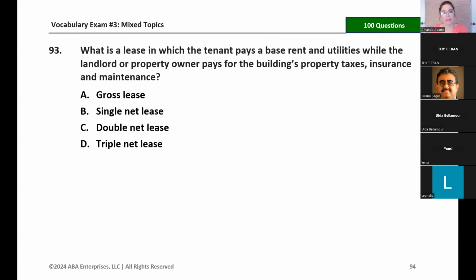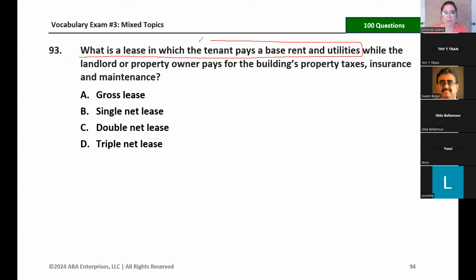93, what is a lease in which the tenant pays a base rent and utilities while the landlord or property owner pays for the building's property taxes, insurance, and maintenance? Okay, read it carefully, you guys. What is a lease in which the tenant pays a base rent and utilities?